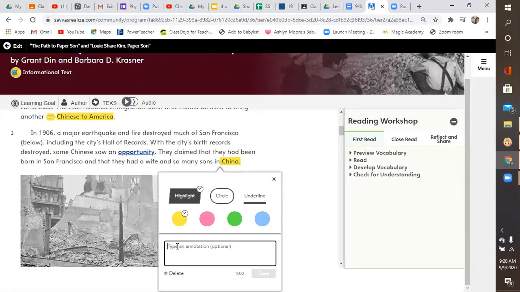After the San Francisco fire, who is our subject? Chinese people. What did they do? As a matter of fact, can we backspace? Instead of Chinese people, let's specify immigrants because they're people from China that are here in the US. So Chinese immigrants did what?